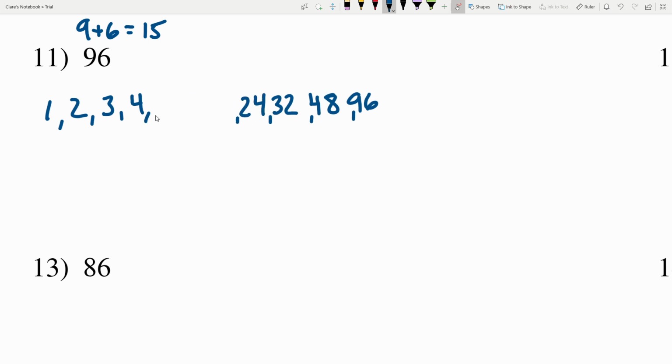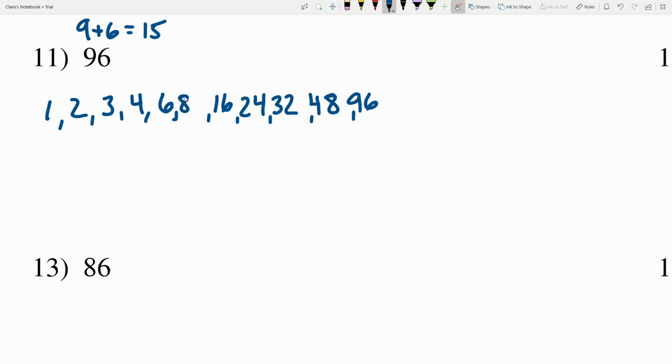Now we're going to check 5. It does not work because it doesn't end in 0 or 5. 6 will work though because 96 was divisible by both 2 and 3. So 6 times what gives us 96? That's 6 times 16. And then there's only two other factors that go into this. 7 doesn't go into 96, but 8 goes into 96.